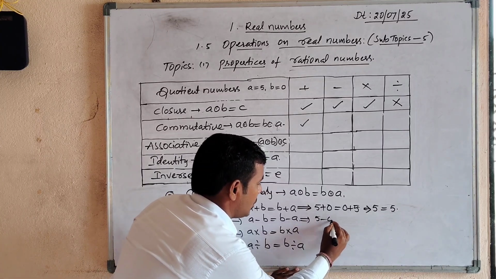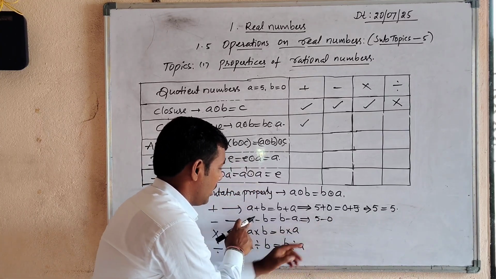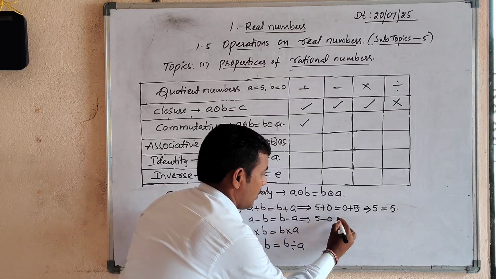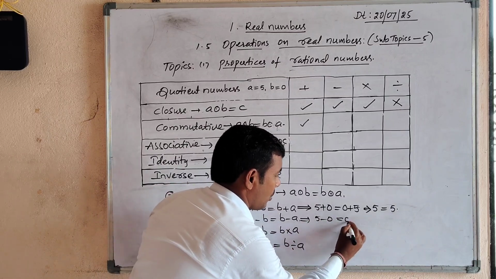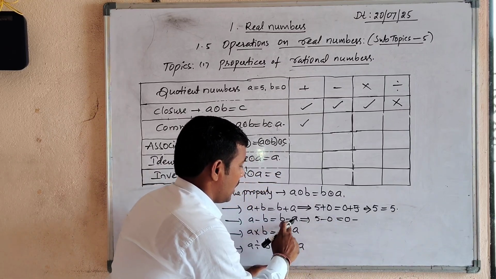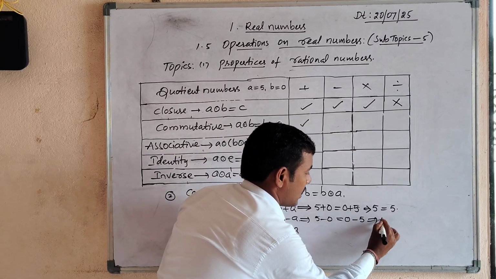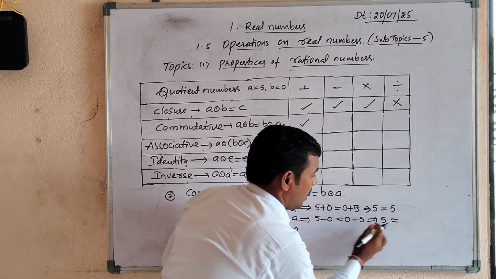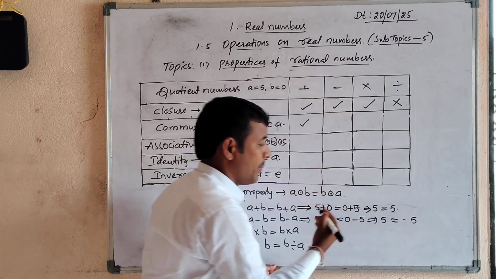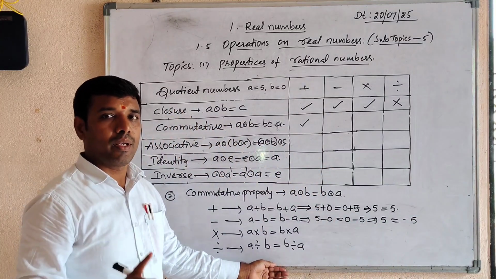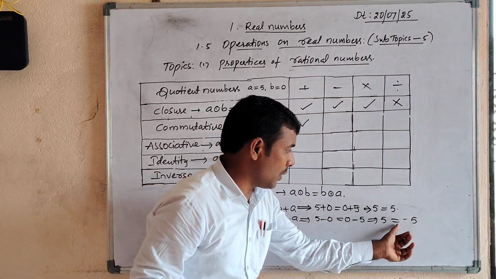5 minus 0, A value 5 minus B value 0, is equal to B value 0 minus A value 5. Observe carefully. This is 5, but this one is minus 5. What happened? 5 equal to minus 5?